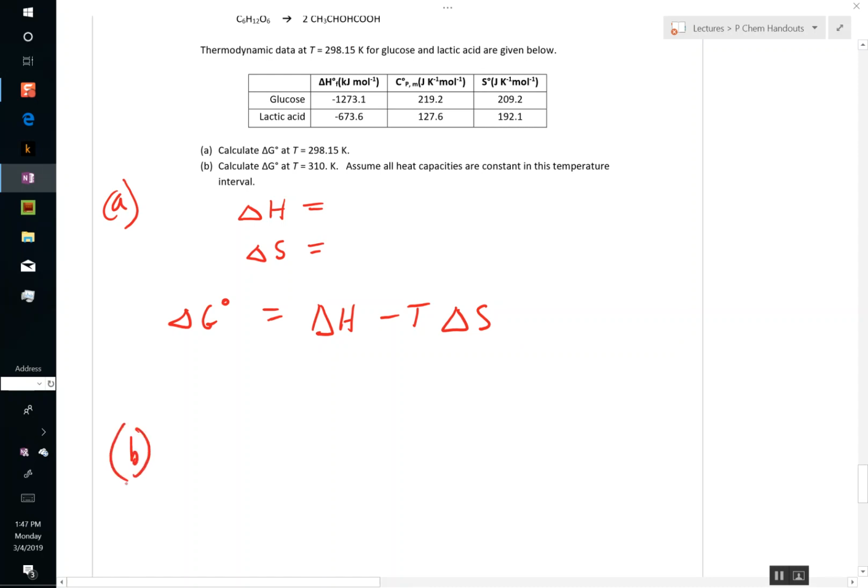Part B, they're now asking you, what if this happens at 310 degrees?